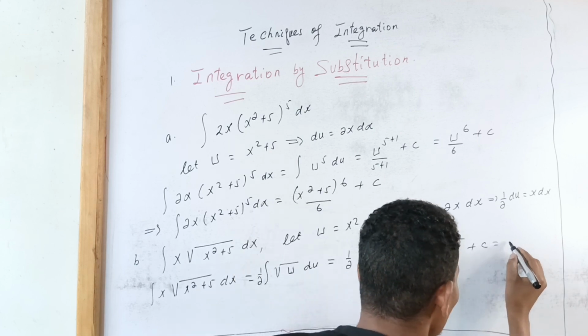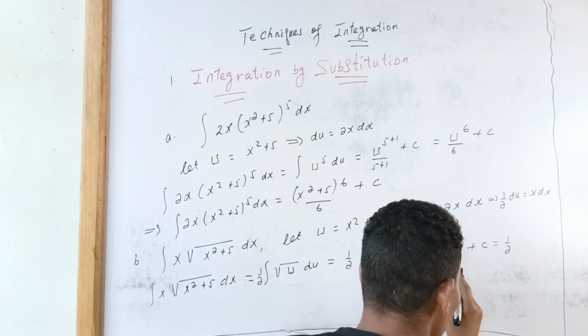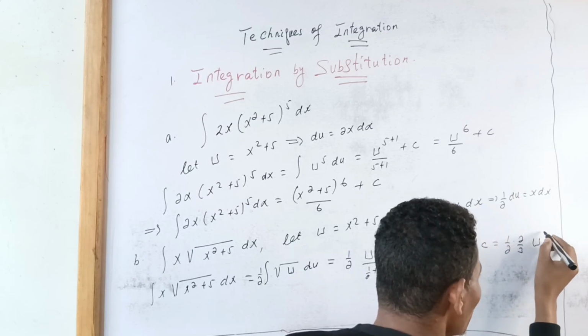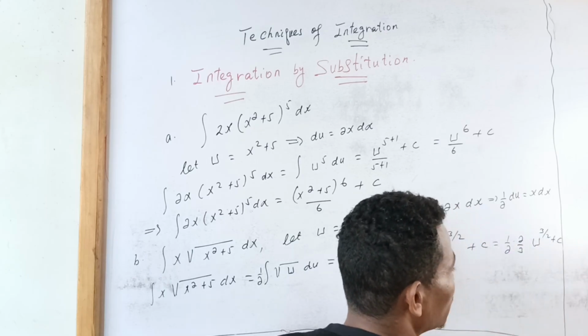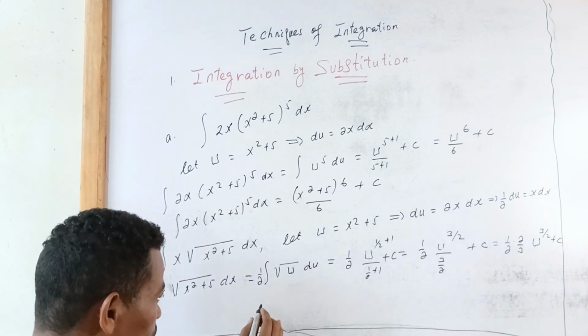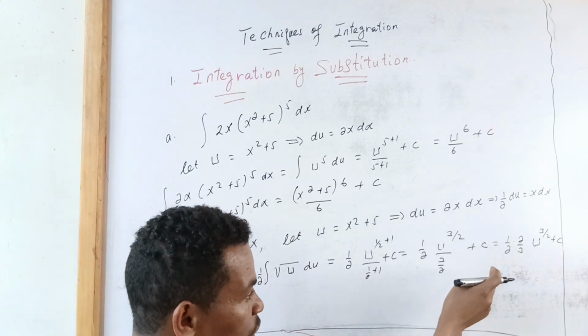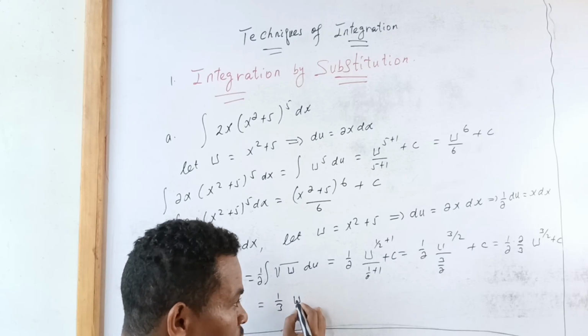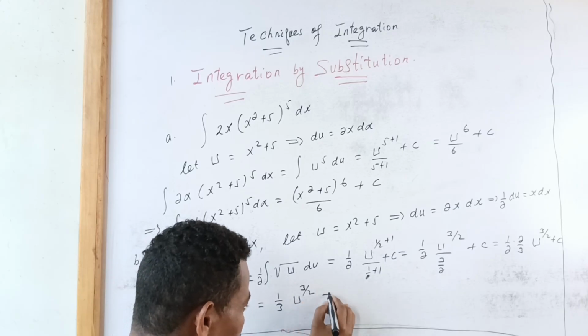This equals 1 over 2 times the reciprocal of 3 over 2, that is 2 over 3, u to the power of 3 over 2 plus the constant c. Canceling by 2, this equals 1 over 3 u to the power of 3 over 2 plus c.